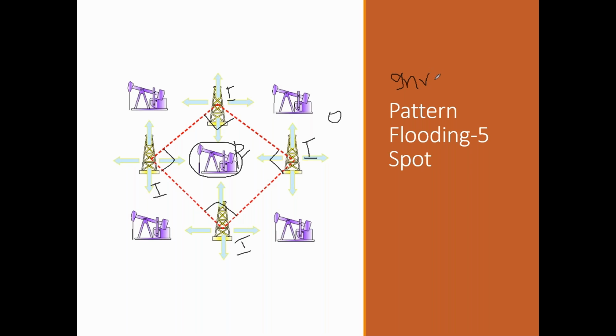For the inverted 5 spot pattern, you can just reverse it. In the center you will have an injector, and in all 4 corners there will be producers. So it is just the inverse of the 5 spot flooding pattern.